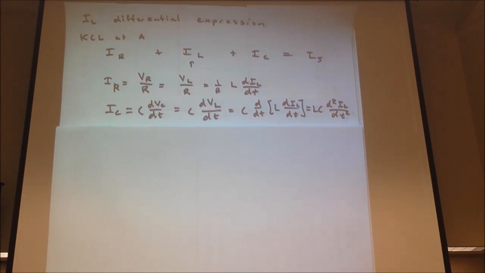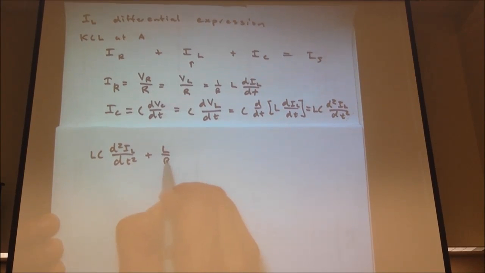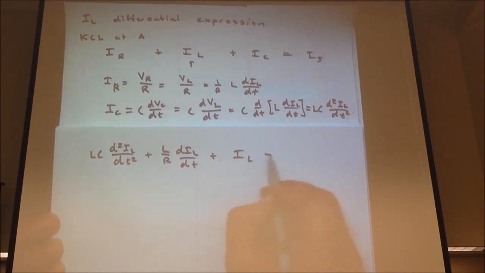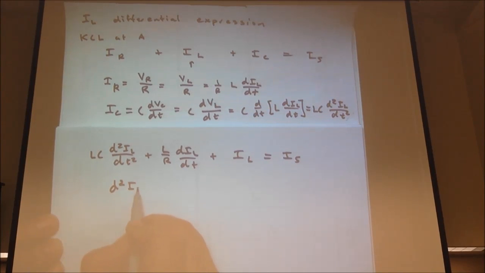And so we can substitute all that back in. LC d2 IL by dt squared, and where are we? Plus L over R dIL by dt plus IL equals I source. And again, a little bit of rearranging.